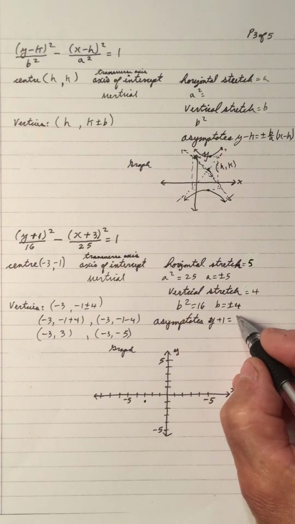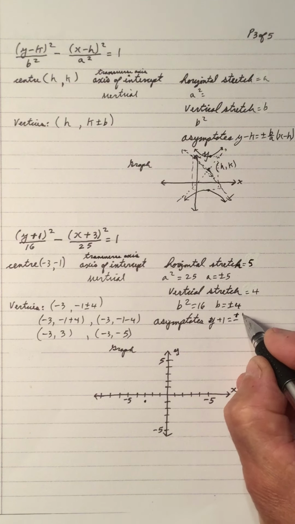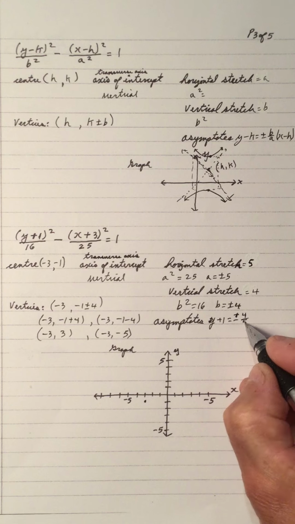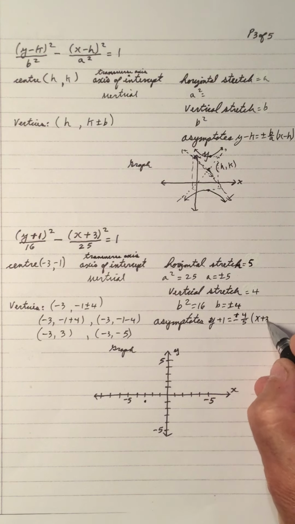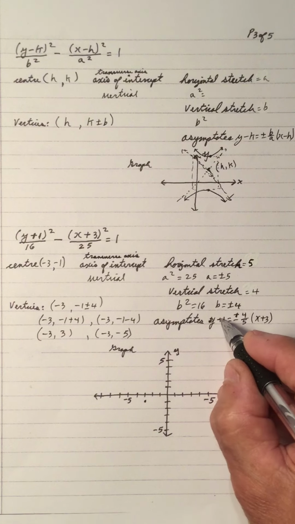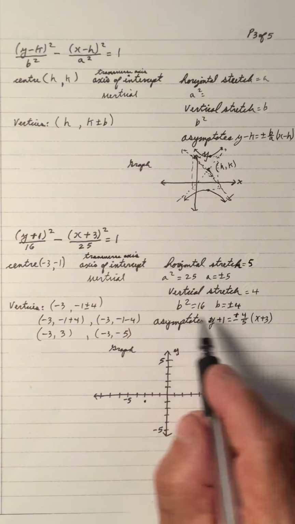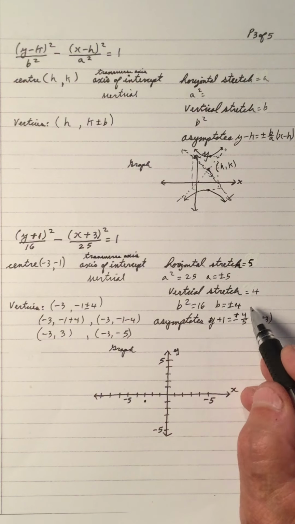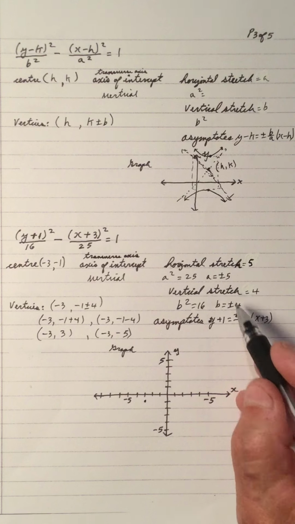And it's b over a, so it's plus minus 4 over 5. And the x is x plus 3. Point slope form. So we have y plus 1 equals plus minus, and we have an x plus 3, and it's the b, which is 4, over the a, which is 5.